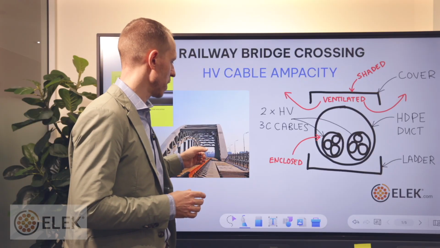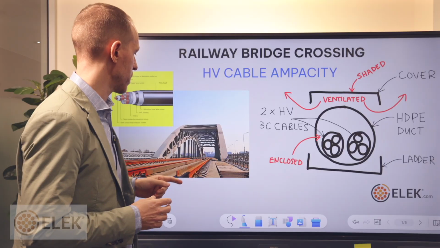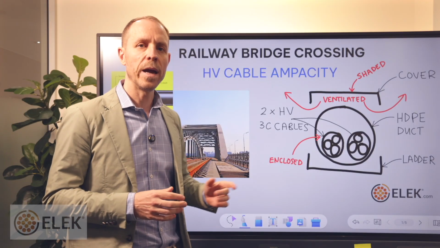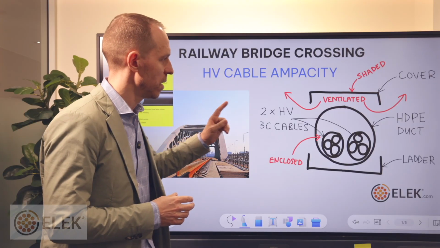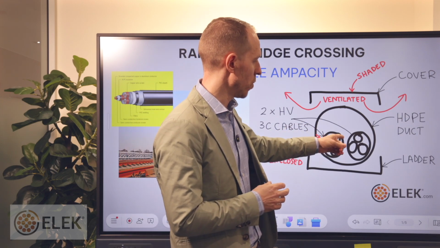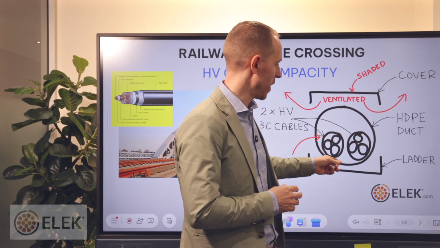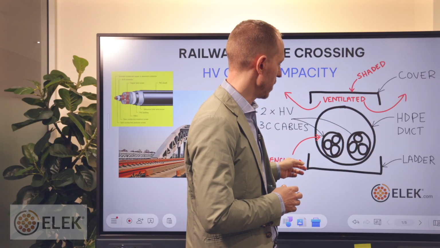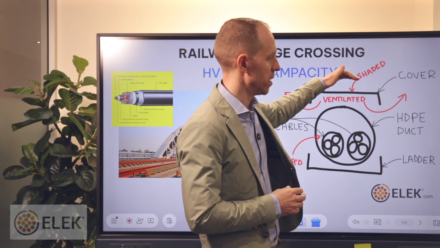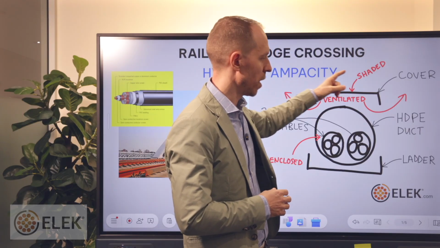So there is a small story behind this scenario. It's a railway bridge crossing, and the engineer reached out to me and wanted to know how he could calculate the ampacity for this particular installation condition. So it's two 3-core 22 kV multi-core cables installed inside a plastic duct and then installed on top of this cable ladder support, and there was a specially designed cover on top of the arrangement.